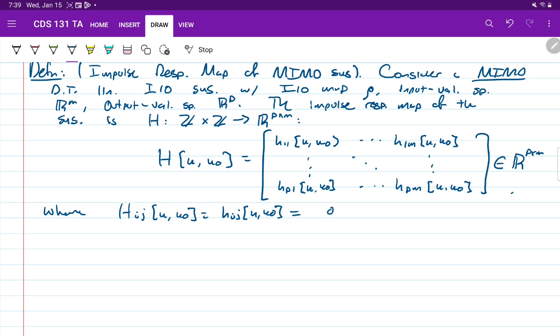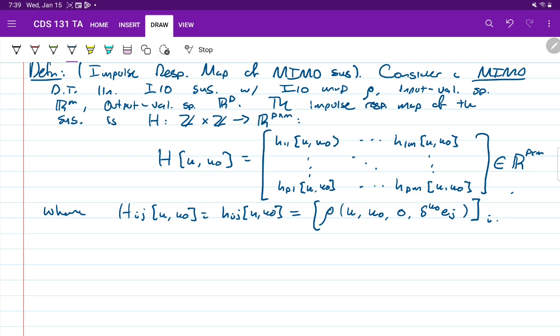So what I do is take my I/O map rho, evaluate it at time k from time k naught, initial state 0, and an input which is a shifted impulse, delta k naught, applied in the jth coordinate, where ej represents the jth standard basis vector of Rm. All right, so I take this, and then I find coordinate i.